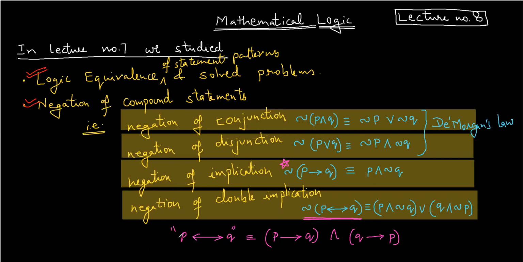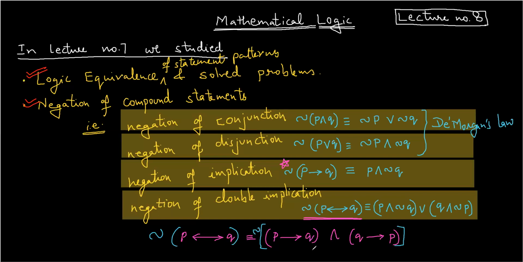So when you write the negation of this, you are writing the negation of this.